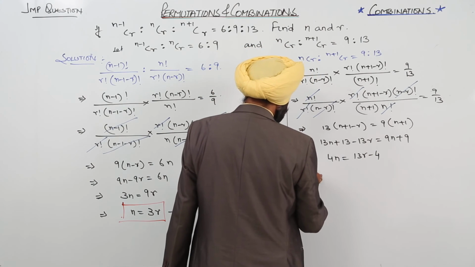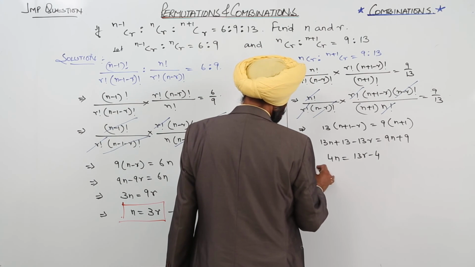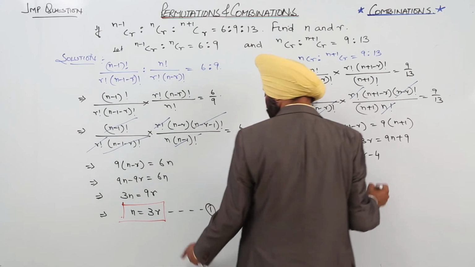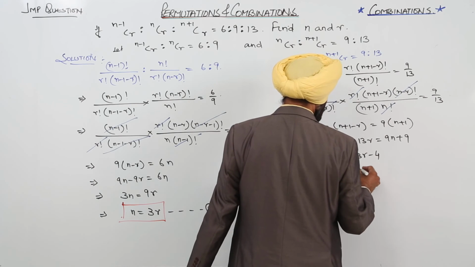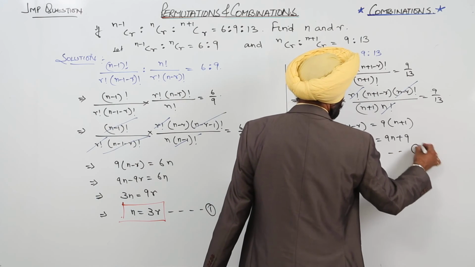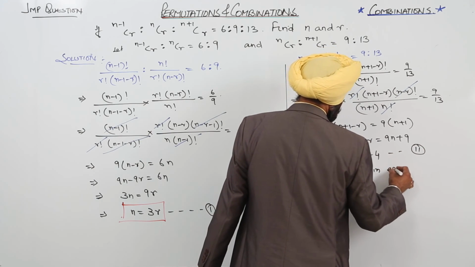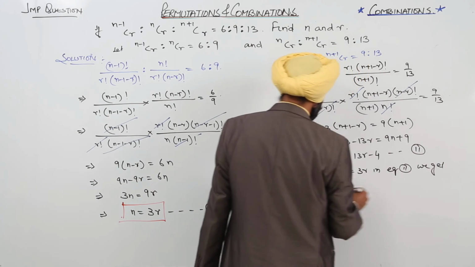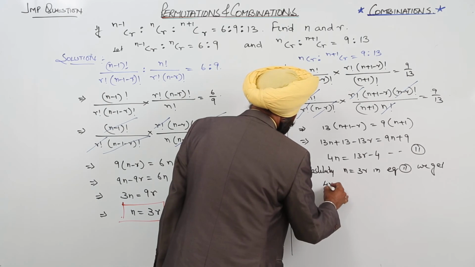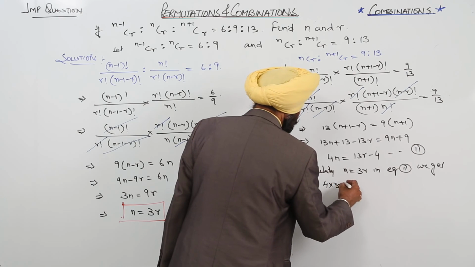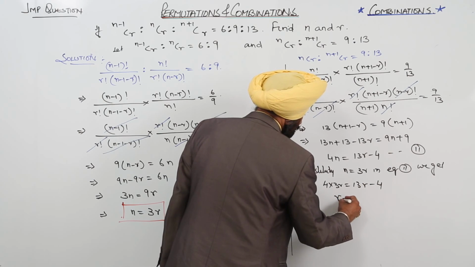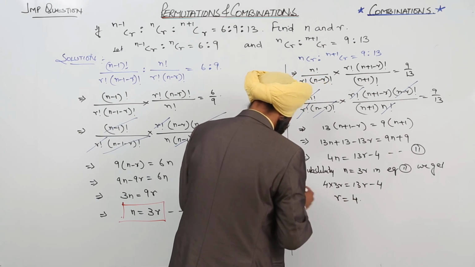Okay, now substituting n is equal to 3r, from here n is equal to 3r, let this be equation 2. In equation 2 we get 4 times 3r is equal to 13r minus 4, so r is equal to 4.